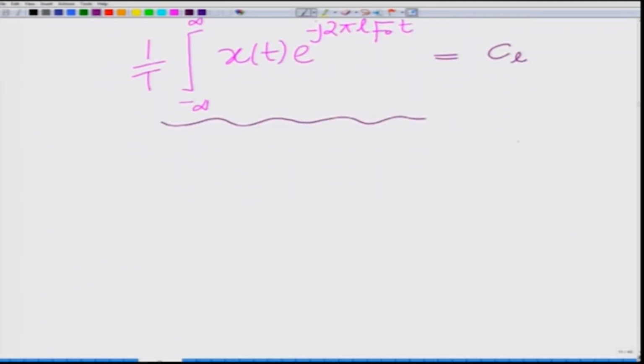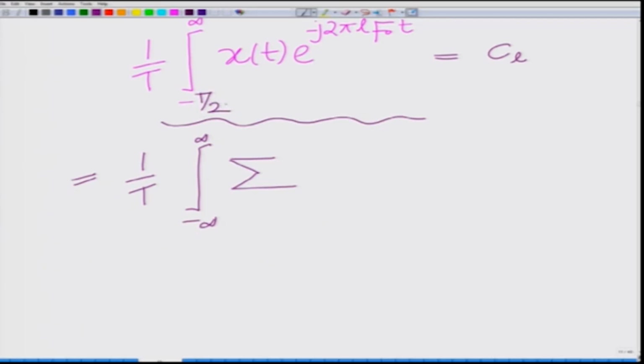For that, I am going to substitute the expansion. I am sorry, this integral is over one period.